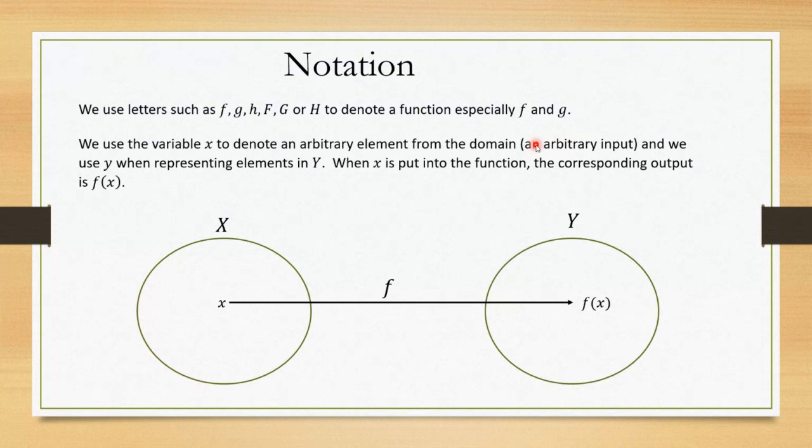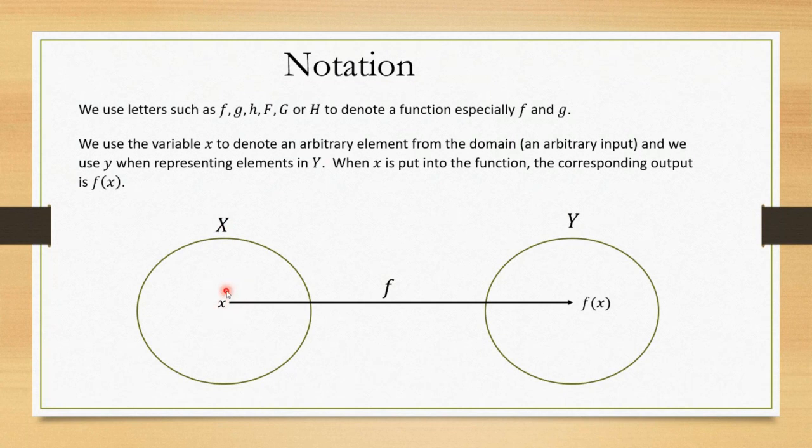For functions, we generally use letters such as F, G, H, capital F, capital G, capital H. Usually from the context, you can tell if it's a function or not. I did say capital letters denote sets, but from the context, you'll be able to tell. And remember how in the definition we had little x from capital X, the domain?